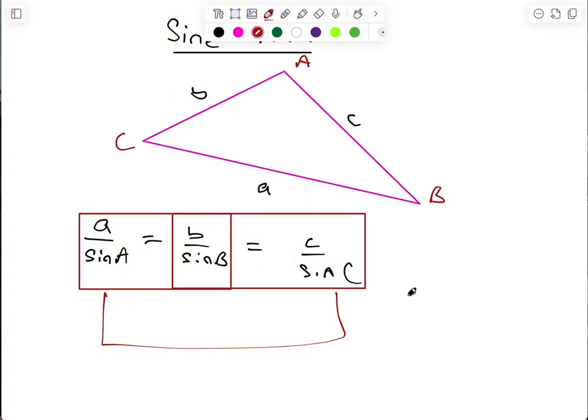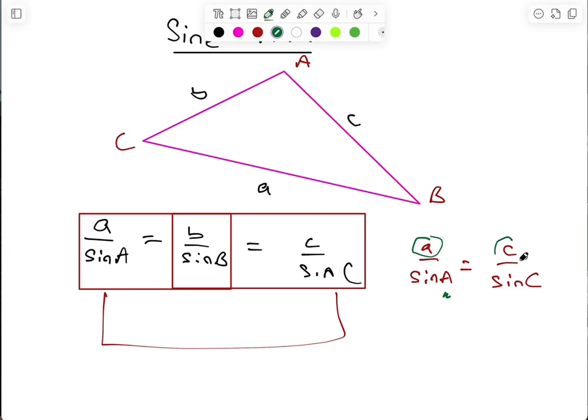I'm just going to isolate one now. So if I choose to work with a divided by sine A equals c divided by sine C, this is a single equation. And one thing we know about a single equation is that for you to be able to solve it, there can only be one unknown in that place. So that implies that in this situation, you know this side and you are looking for this angle.